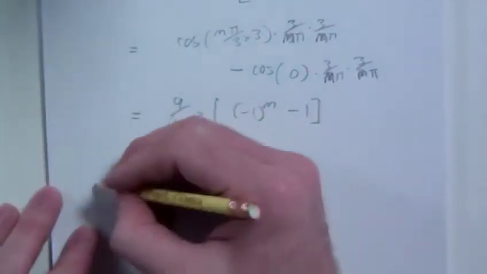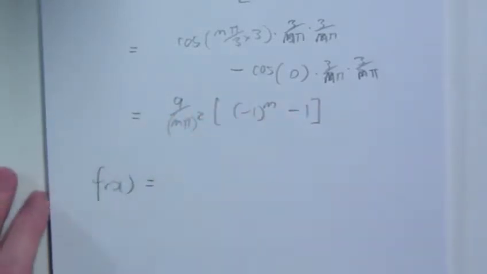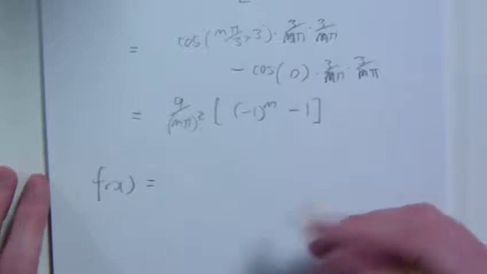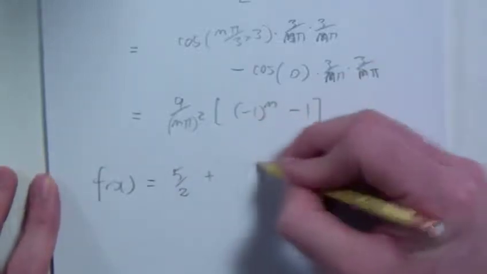So it looks like my f of x, my Fourier series expansion for the even extension, is the a0, which came out to 5 on 2, and this.